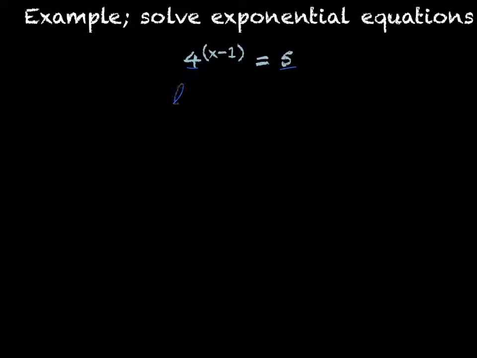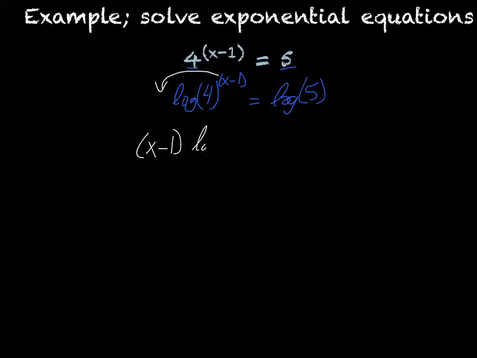So that would be log of 4 to the power of x minus 1 equals log of 5. We just have to do it to both sides. Now, our properties tell us that we can take the exponent and bring it to the front of the logarithm, giving me x minus 1 times the log of 4 equals the log of 5.